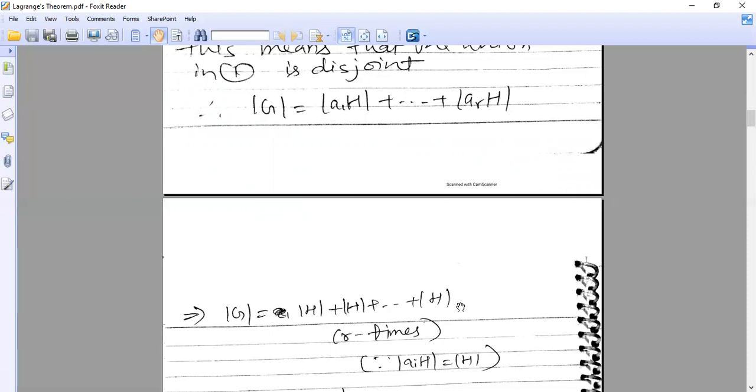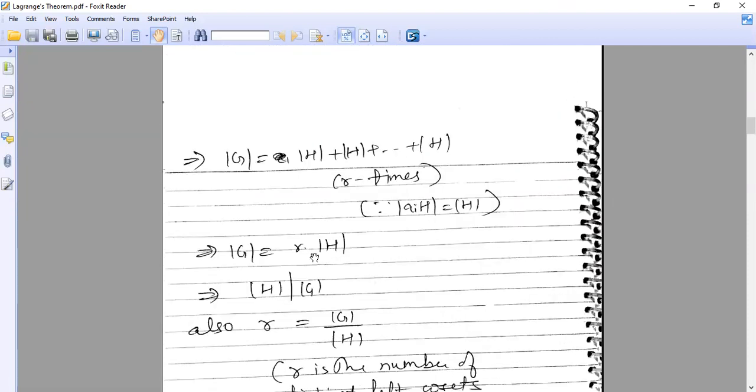So this will be equal to R into order of H. So order of G is equal to R into order of H, and this implies that order of H divides order of G, because you have written order of G as order of H into some positive integer R.